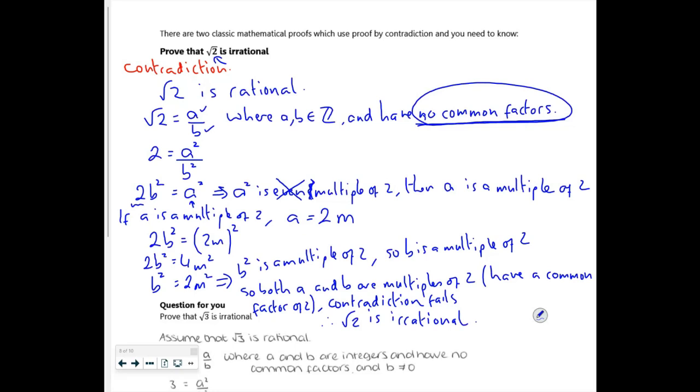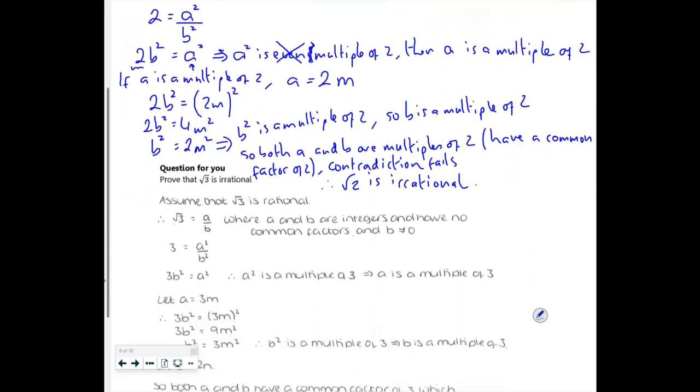Now that proof has popped up a few times. I can change the number inside the square root. So if that was a 5, it would be multiples of 5 instead of multiples of 2. If it was a 7, multiples of 7 instead of 2. It could be a cube root as well. I follow the same principle. So if it's a cube root, I'd have a point where a cubed is a multiple of, so we can faff with the powers and everything.